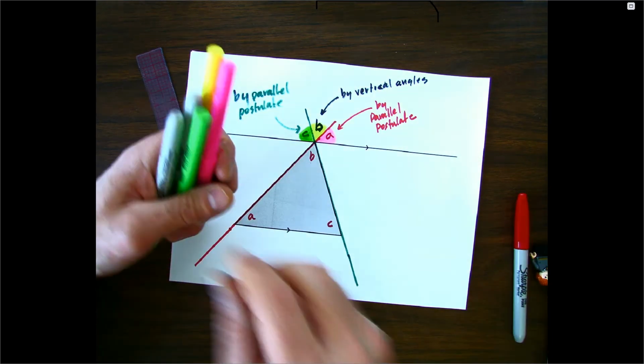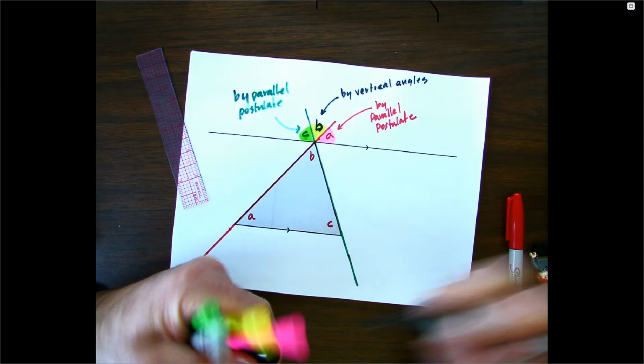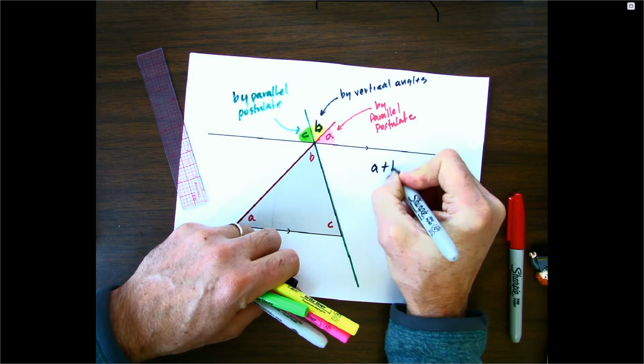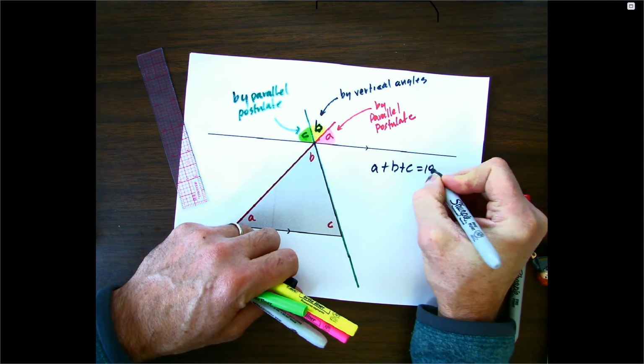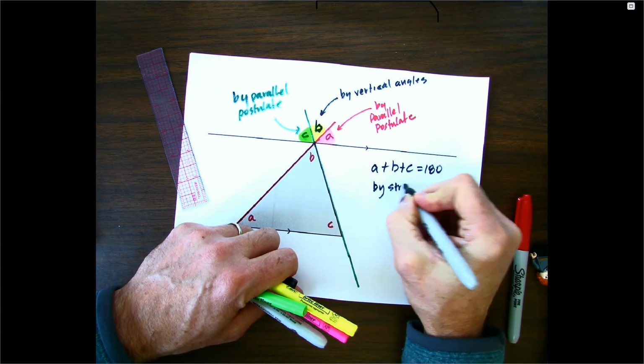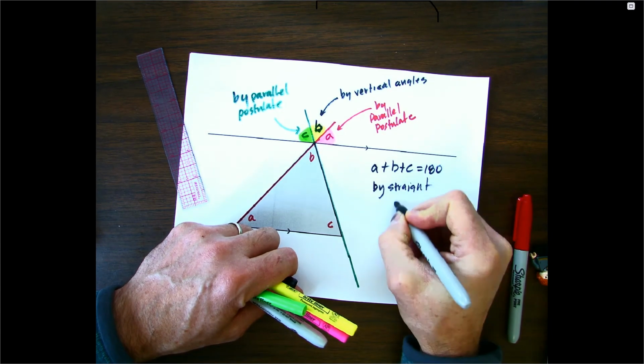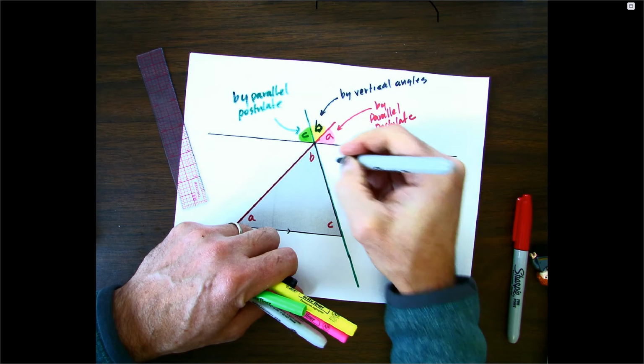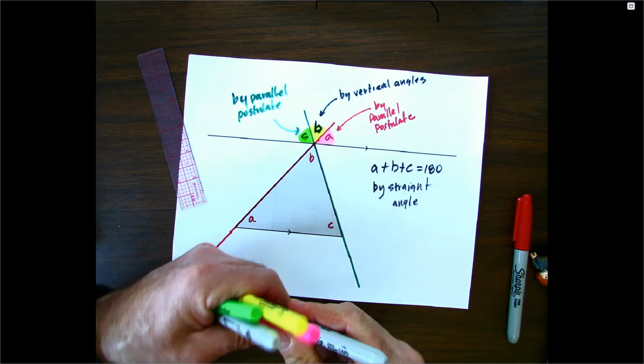So where we go next is we say that A plus B plus C has to equal 180 by straight angle, right? So that's the argument.